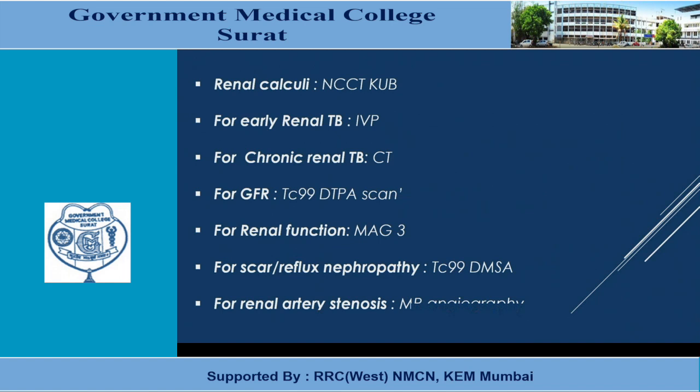For detection of the glomerular filtration rate, the technetium-99 DTPA scan is required, and for renal function, the MAG3 scan is required. For cortical renal scarring and reflux nephropathy, technetium-99 DMSA scan is required, and for renal arterial stenosis, MR angiography is the gold standard.